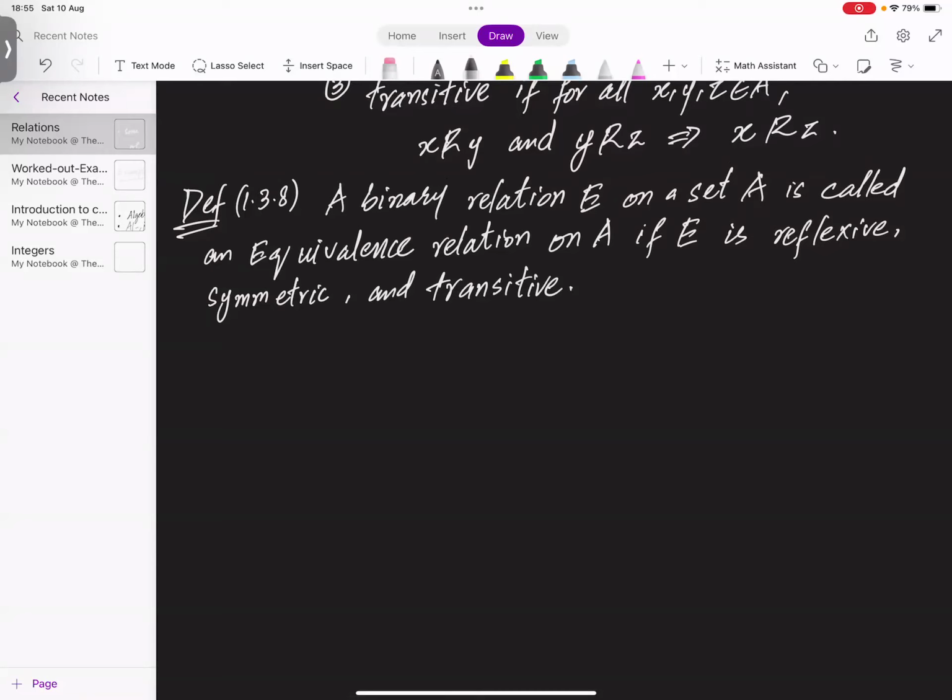And this is very important. And this was given by Gauss.